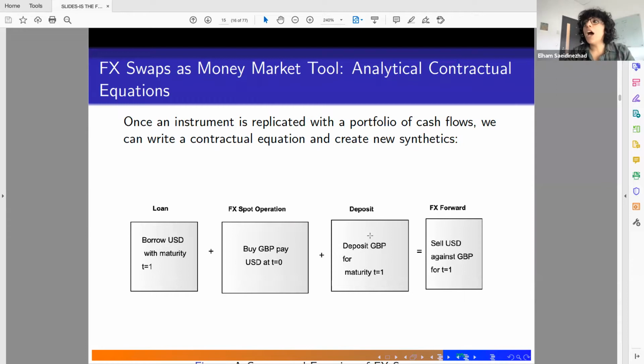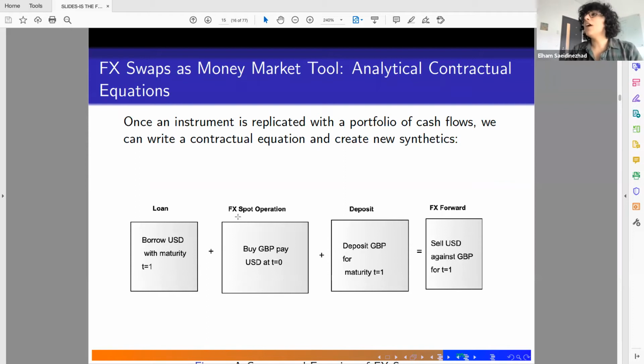At the same time, it is going to pay the American bank, for example, a GBP deposit, which means that this GBP deposit is also going to mature in, let's say, one period, because this US bank should repay the British bank this British deposit.